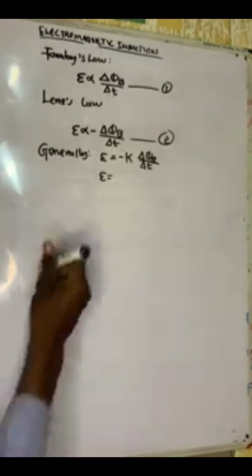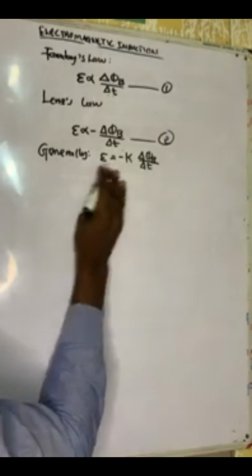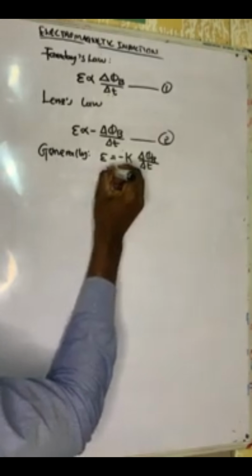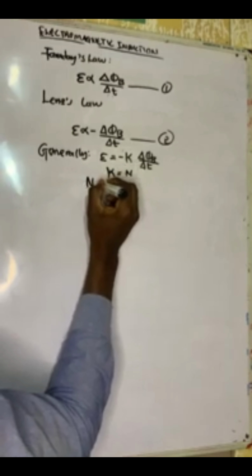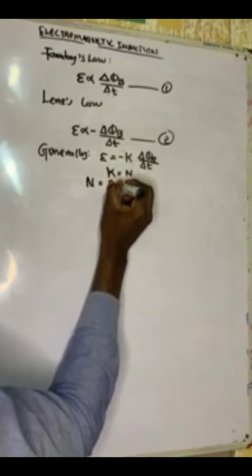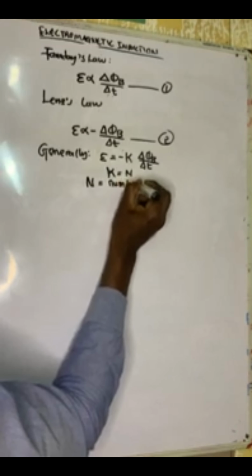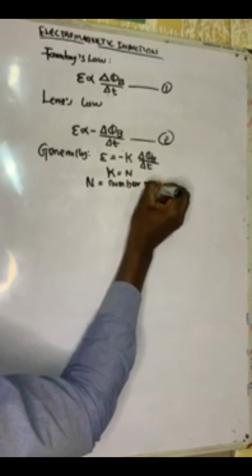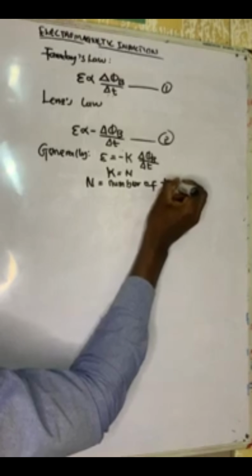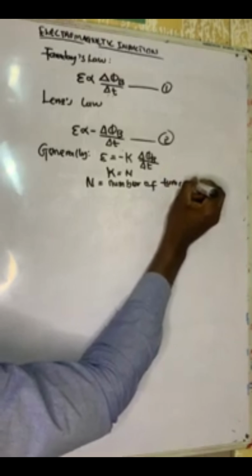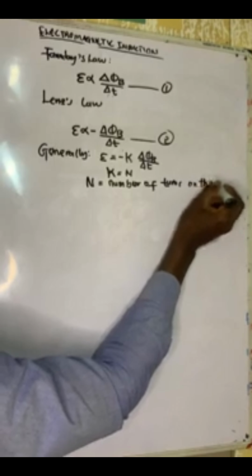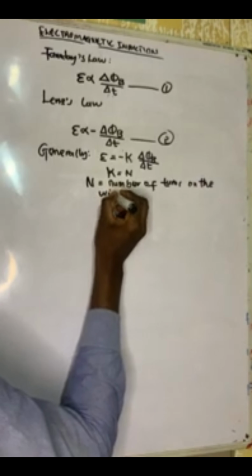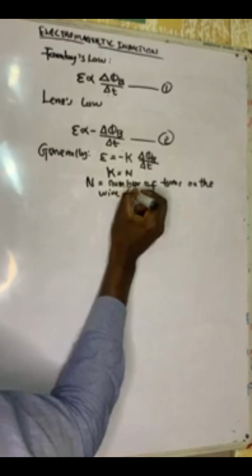So for this reason, the constant of proportionality is going to be N. So K is going to be N, where N is equal to the number of turns on the wire or conductor.